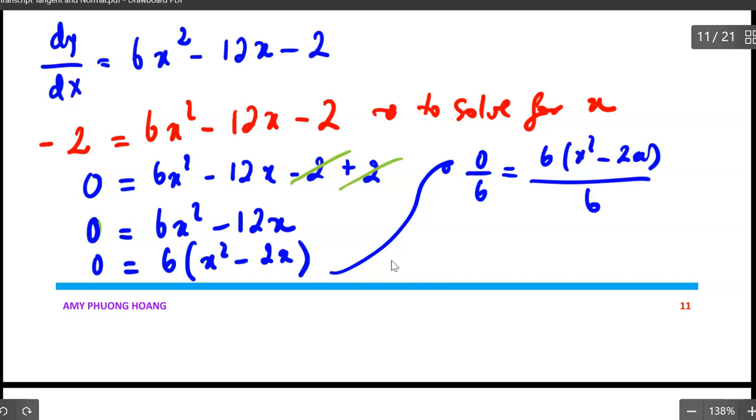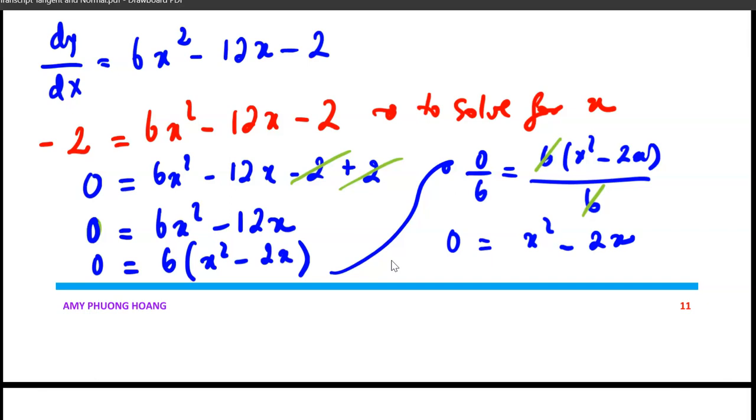Okay, so this side is just 0, and this one cancels out. So I have x squared minus 2x left, right? Okay, so the next step is you want to factor out the x. So 0 equal to x times x minus 2.